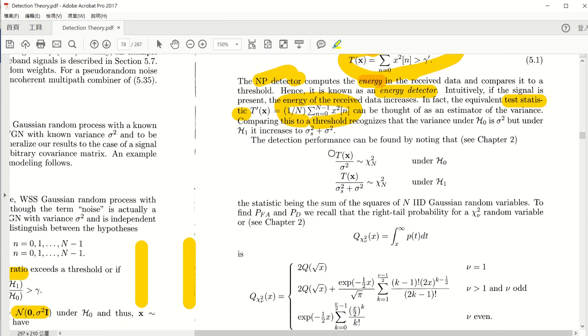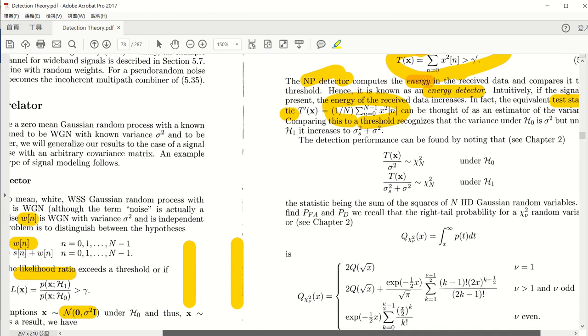The reason is that when you have W, you divide it by sigma, then W divided by sigma will be standard Gaussian, and then the sum of the square of the standard Gaussian will be chi-square. Then how many variables do you have? You have n variables. As a result, it has degree n. You see that subscript degree n, right?